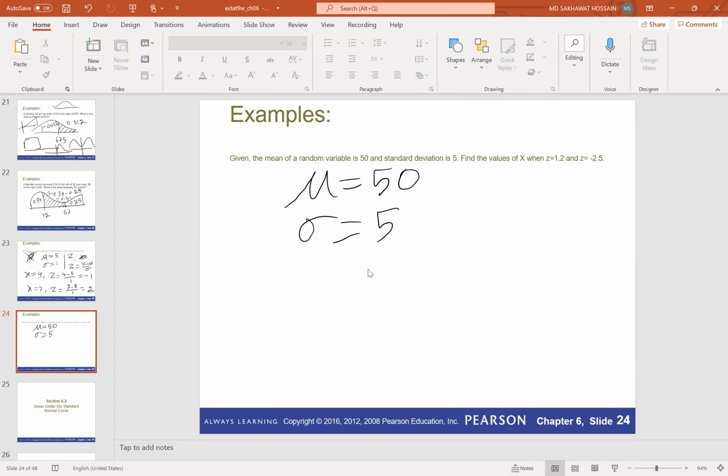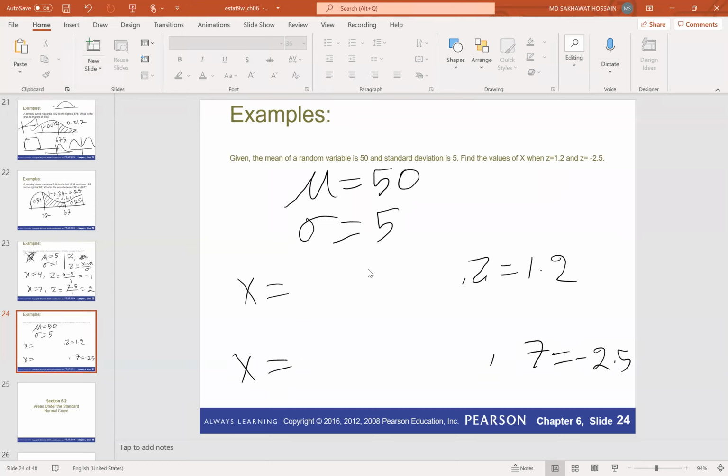Find the values of X. So we have to find X when Z is equal to 1.2, and find X when the z-score is equal to -2.5.